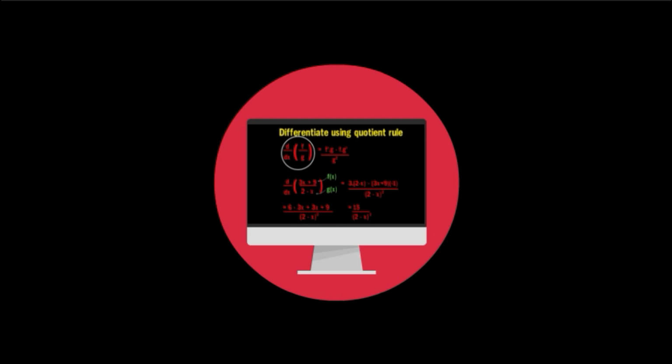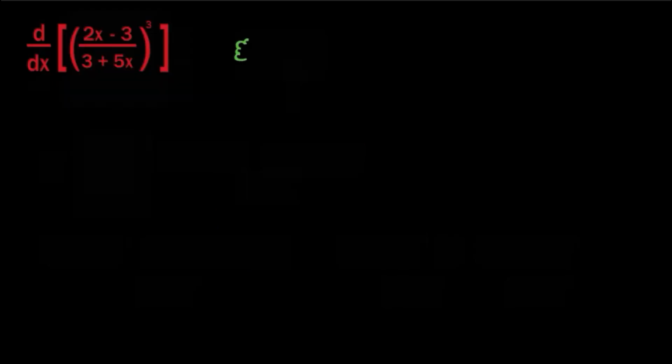So for this, let's recall. Quotient rule is basically function g multiplied with derivative of function f minus function f multiplied with derivative of function g, over g squared. The denominator is function g and the numerator is function f. So when we differentiate, we use the chain rule first. The function inside we keep.